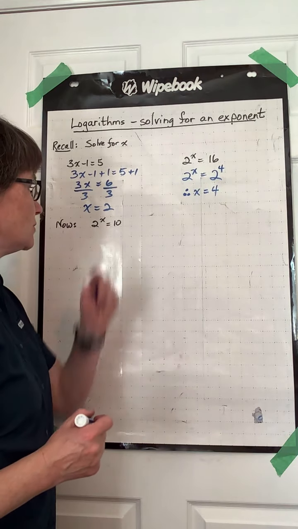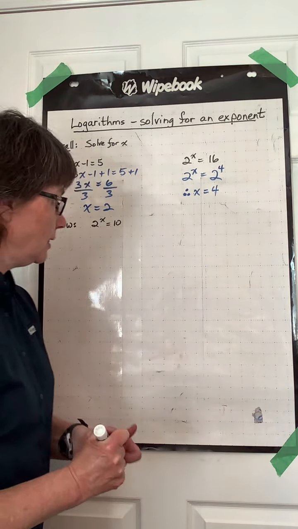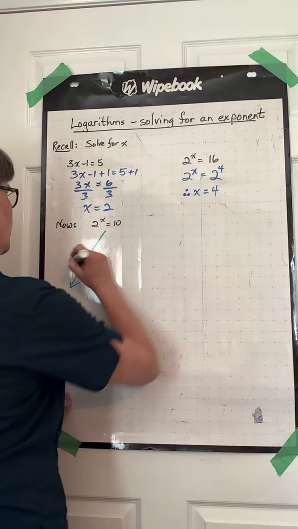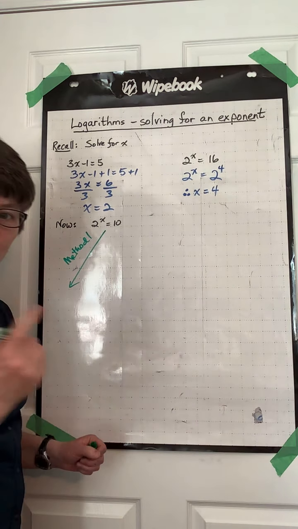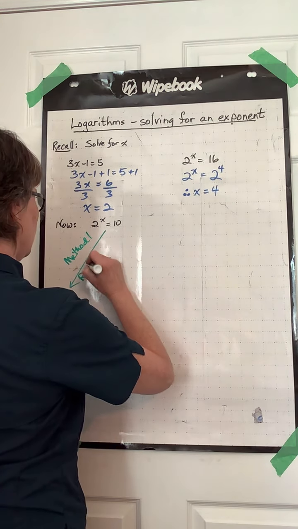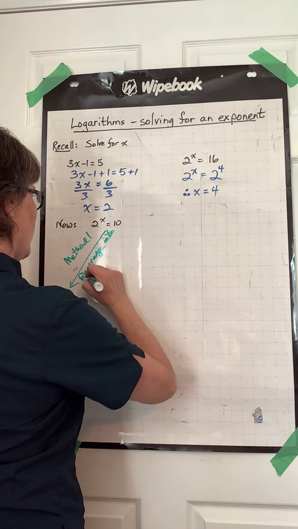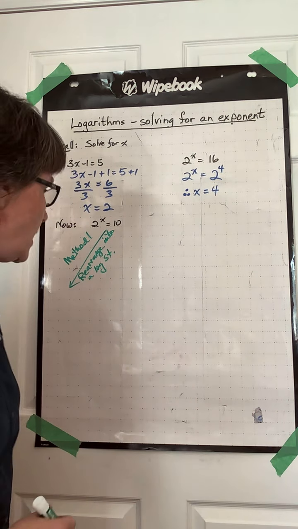All right, so let's solve 2 to the power of x equals 10. We're actually going to have 2 ways of doing this. All right, so method 1: rearrange into a logarithmic statement. And remember, this is one of our tools that we have.